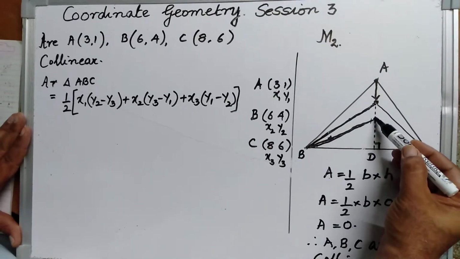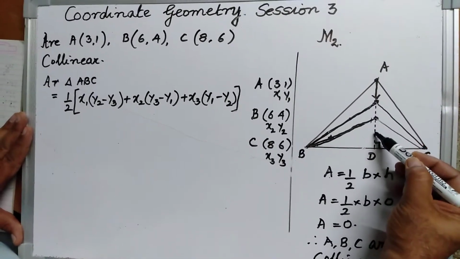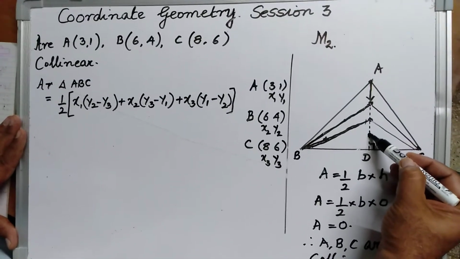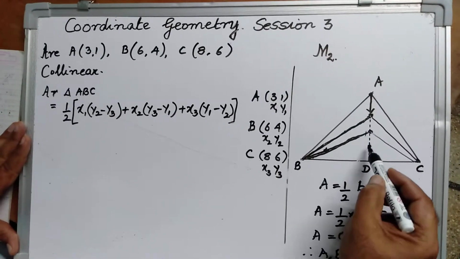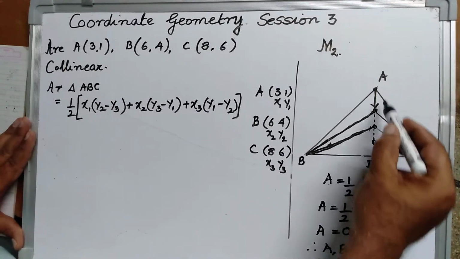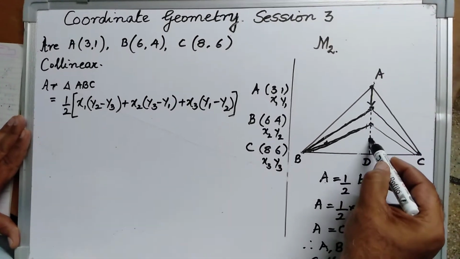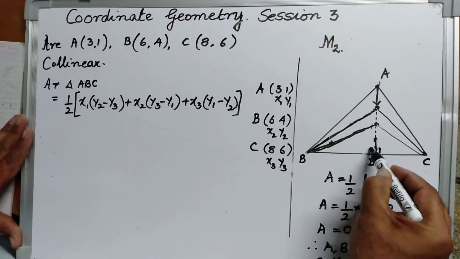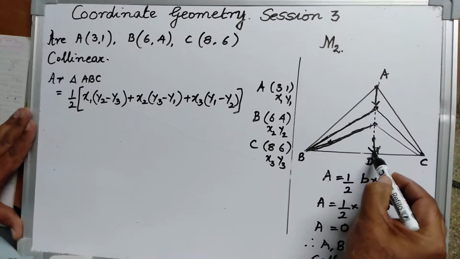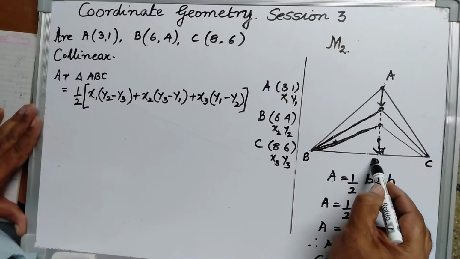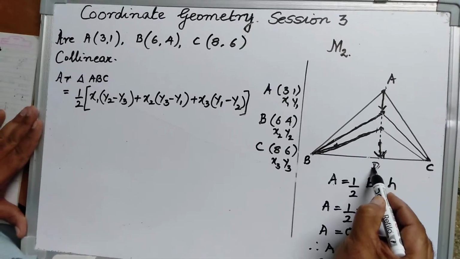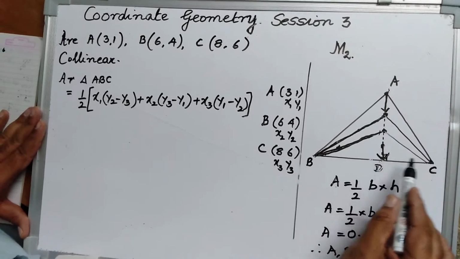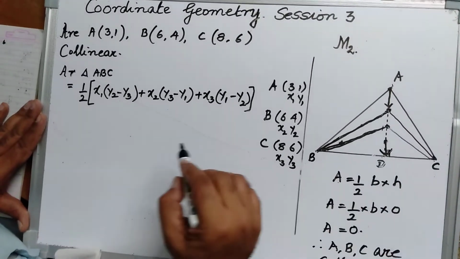If you continue pushing this point A right along the perpendicular towards the base, at some point this vertex A comes and sits on the base, say at a new point D. So the 3 points will lie in the same straight line.